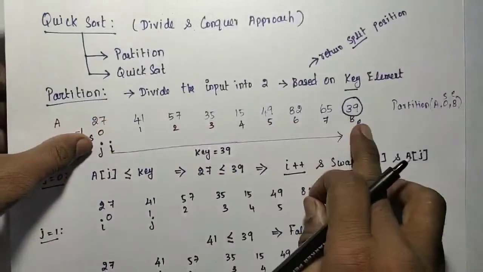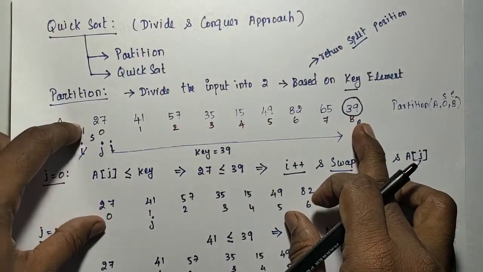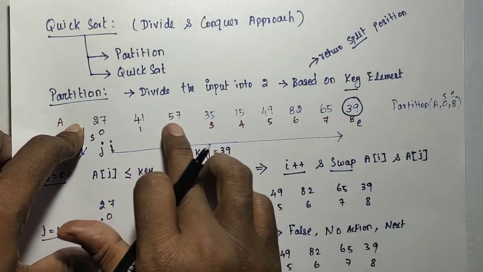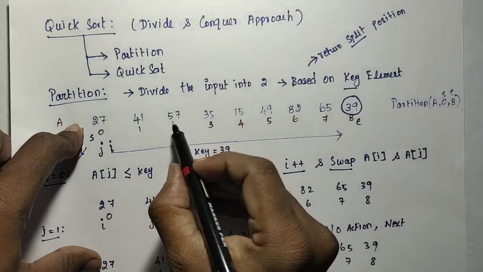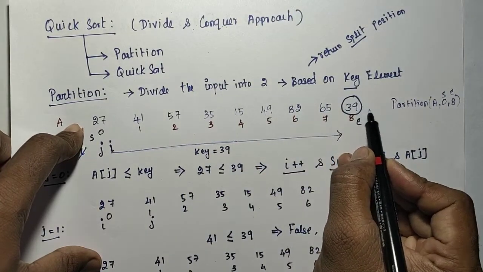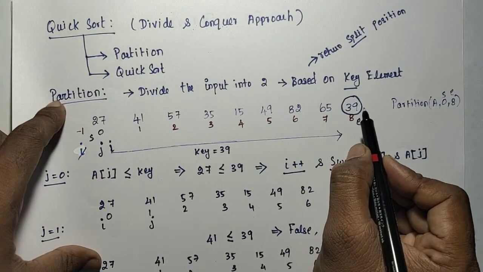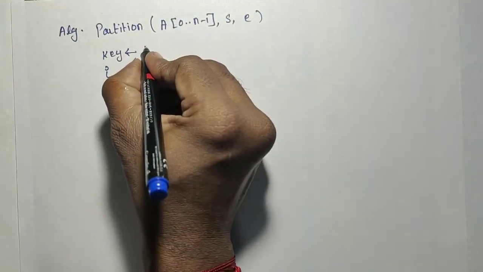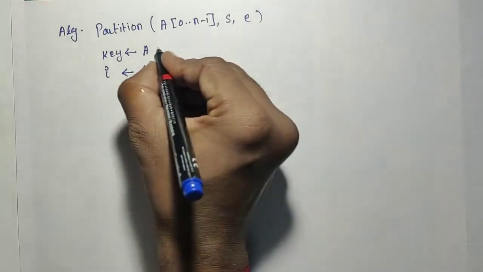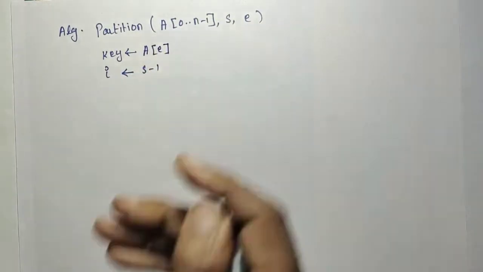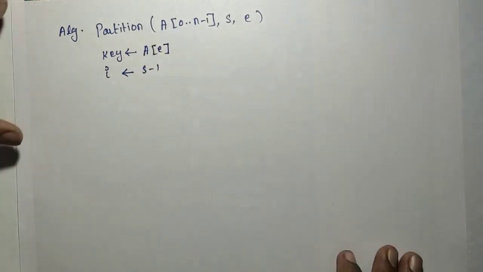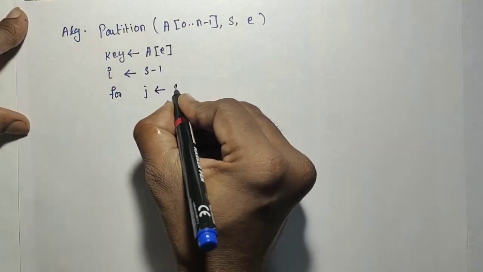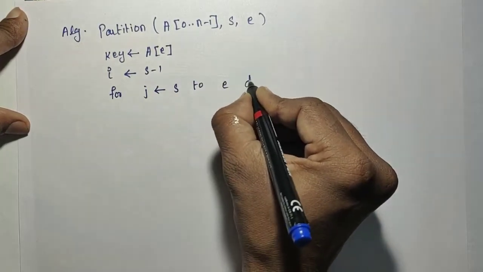And key will be chosen usually as any element randomly we can choose. But the standard partition algorithm will choose the last element. If I want to choose any element as the key element, I need to move that element to the last position. Usually the partition algorithm will choose the last element as the key element. The last element is E. So A of E is chosen as the key element. And the j loop will start, for j equal to S to E, do the following.